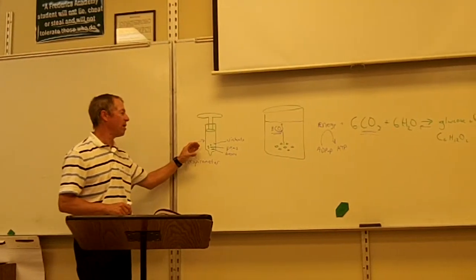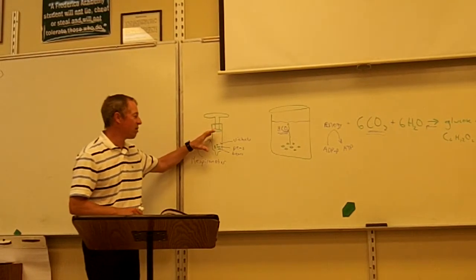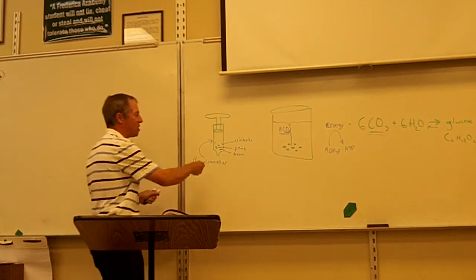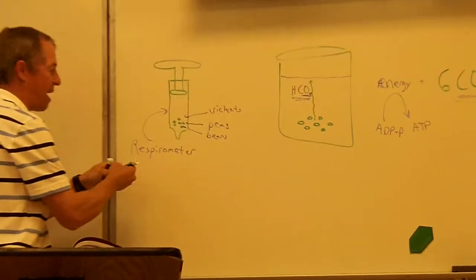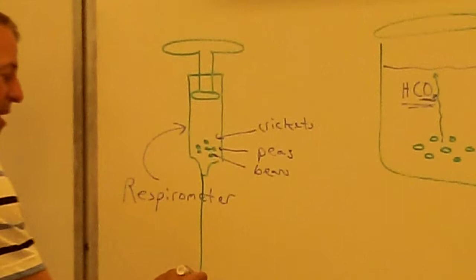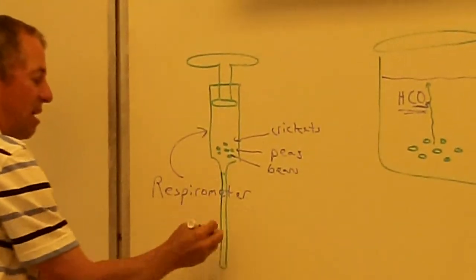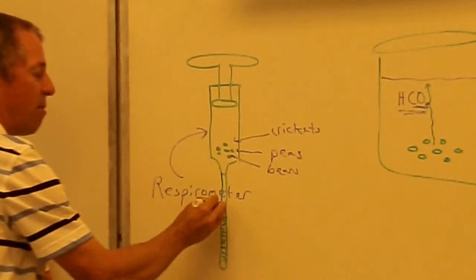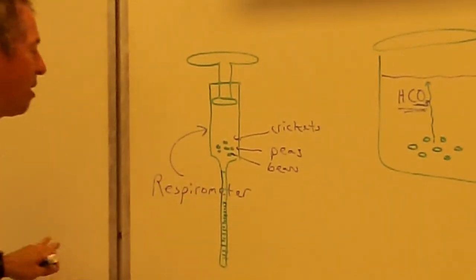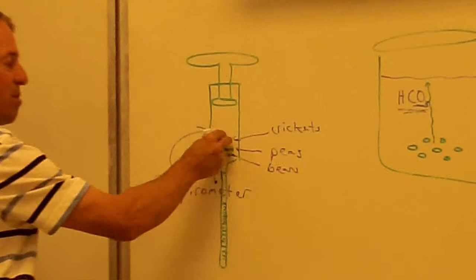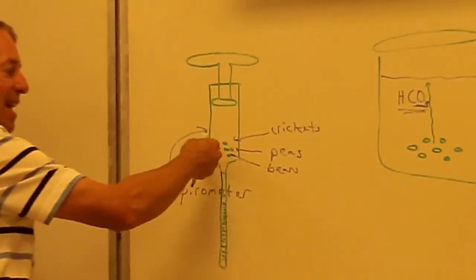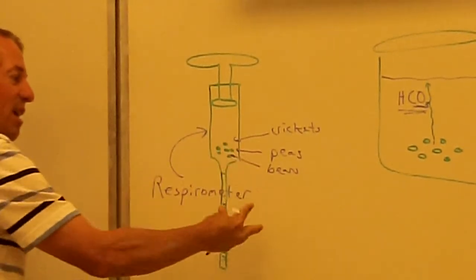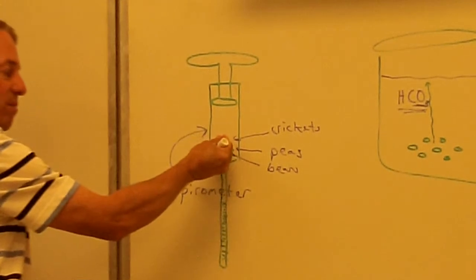In this experiment, if you were using a respirometer, which is a device that looks like this with a pipette on the end, and what you do with the respirometer, now we didn't do this, we did it a different way. I'll talk about the way we did it. But you put some peas or beans in here, and as they do respiration, they're taking up oxygen.